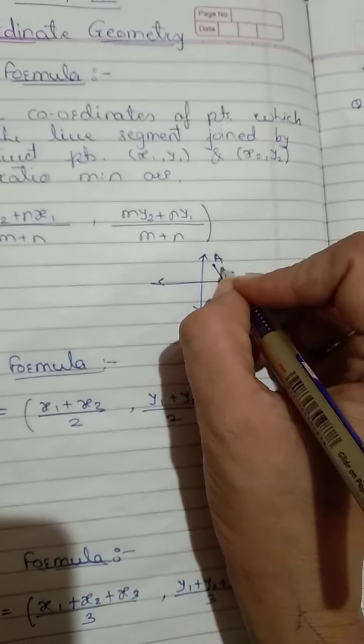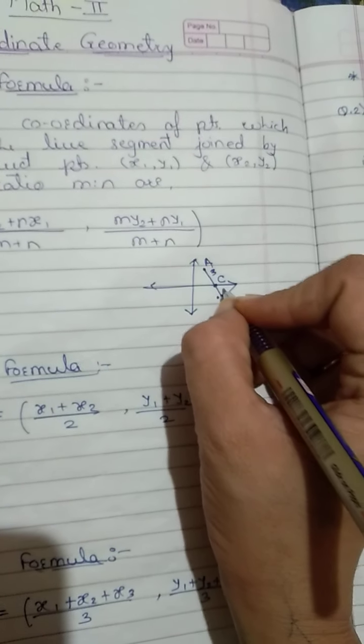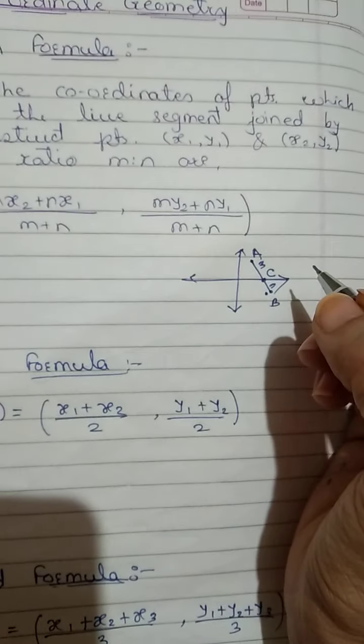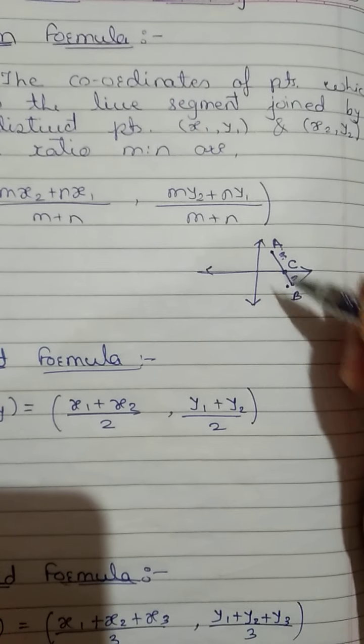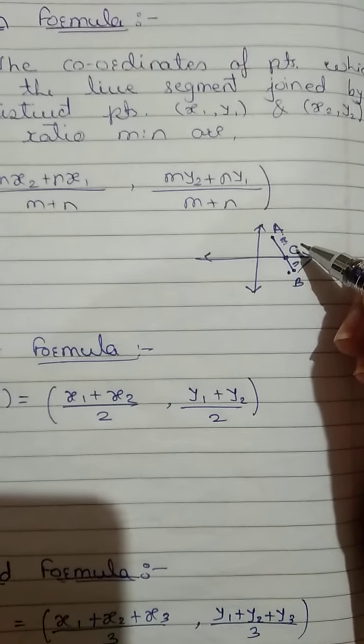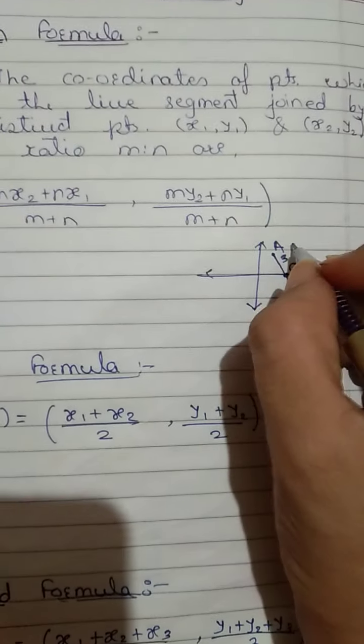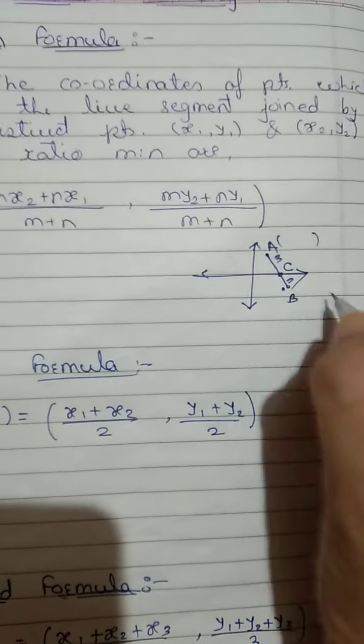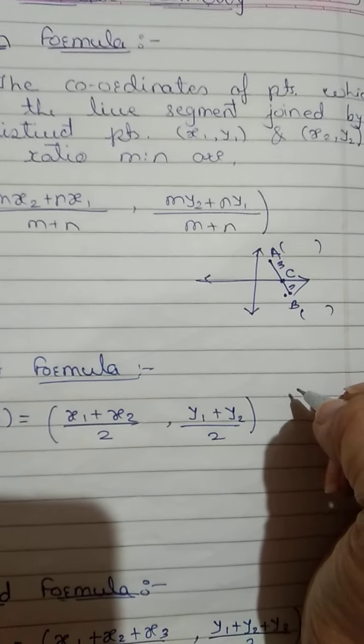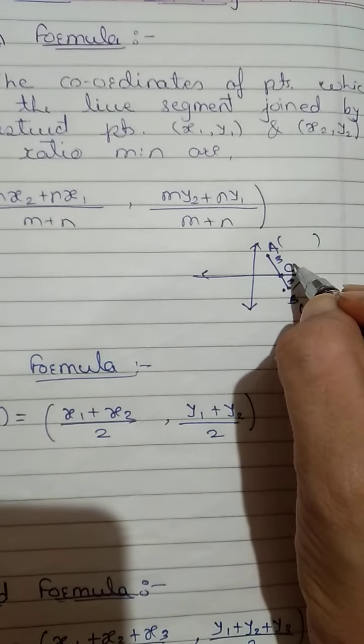One ratio is the measure m and this is n. So this line segment AB is divided by point C in the ratio m to n. We already have the coordinates of point A and also of point B. So what will be the coordinate of C?